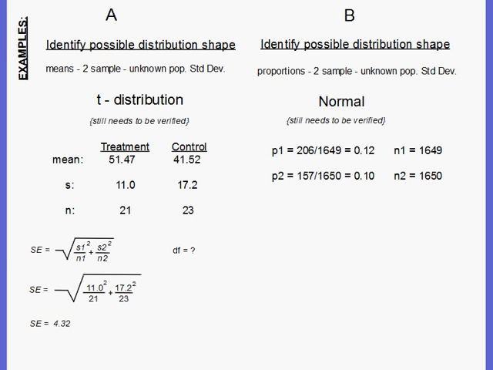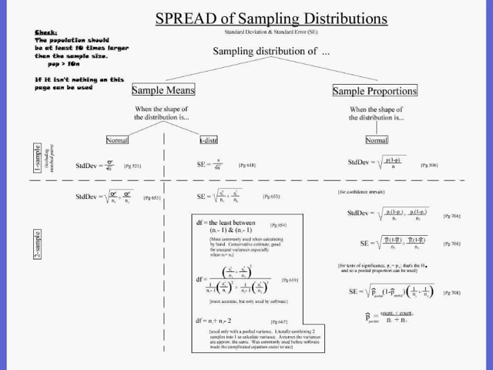Now, we do have to think about degrees of freedom whenever we talk about a t-distribution. Let's look at this big box. We have kind of 3 options. This one down here is not usually done anymore, just to let you know. When you're doing it by hand, the one that you typically use is just the least of these 2. The calculator or computer, when you use those programs, this is what the computer uses.